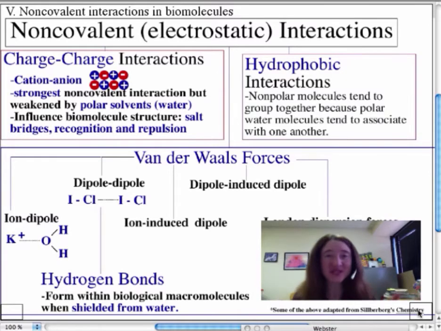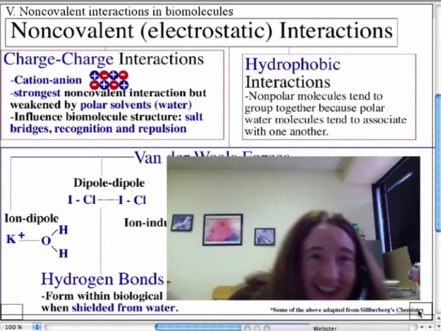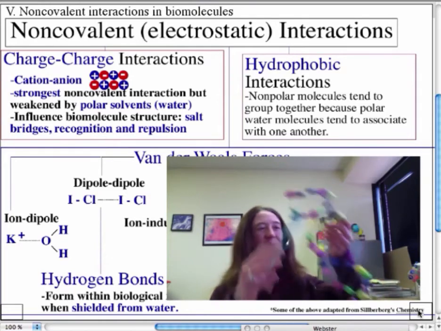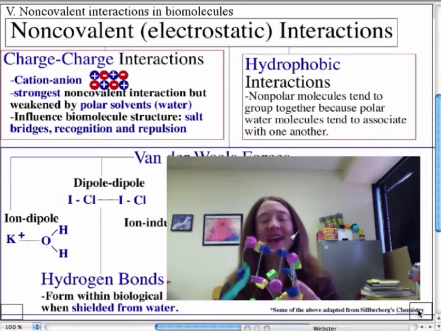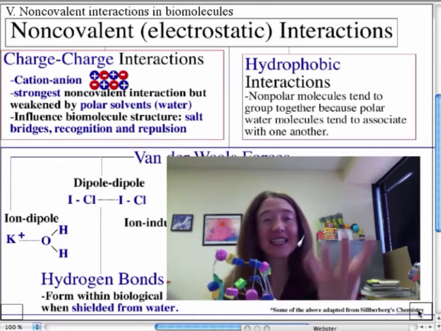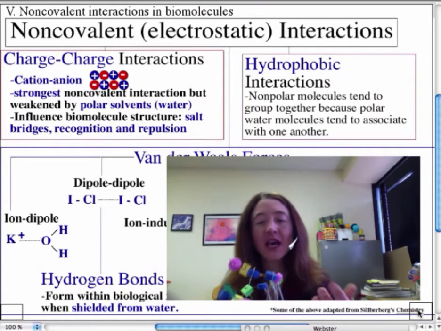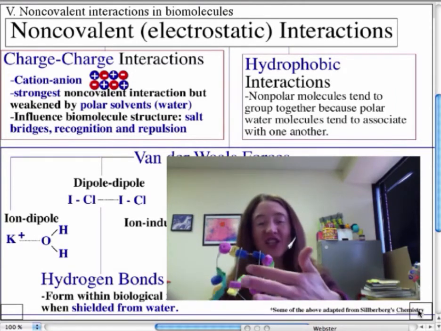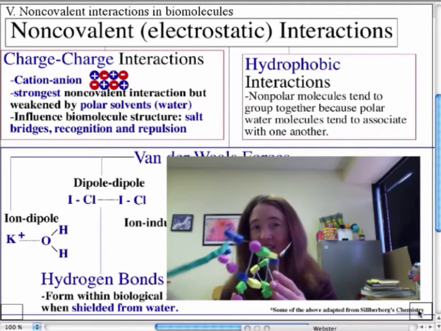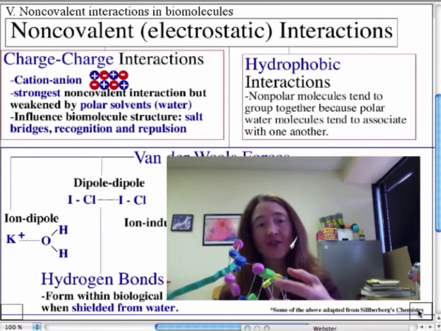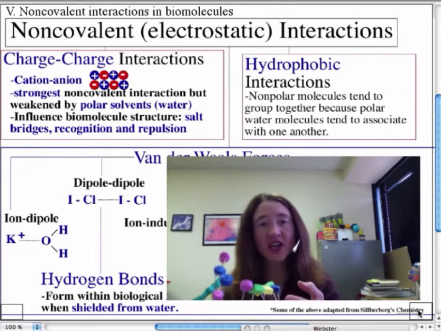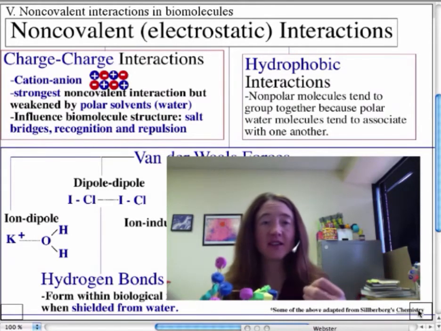And actually the most famous macromolecule for this kind of interaction is our molecule of life, right? DNA. I have a cheesy model of DNA as well. This is one that was built by some of my students in biochemistry, actually quite a lot of summers ago. But this is just the classic example of shielded hydrogen bonds, because the interaction that holds together the two strands of DNA are the hydrogen bonds, and they're very shielded from the outer aqueous solution so that their strength is greater.